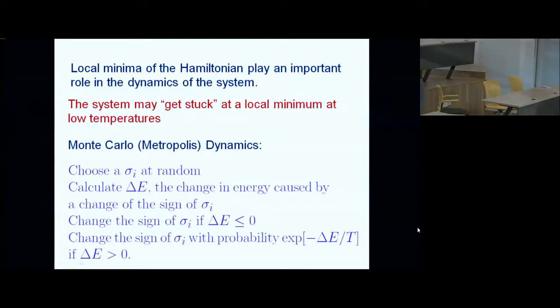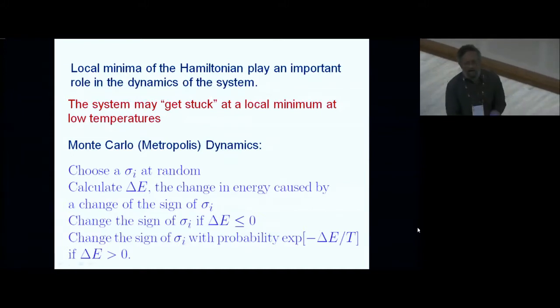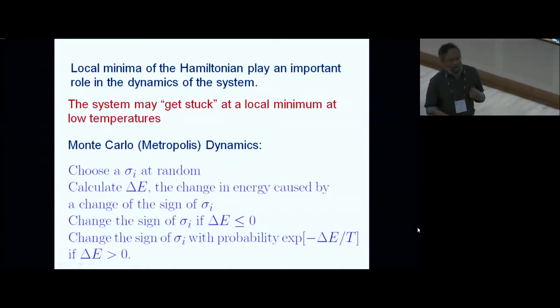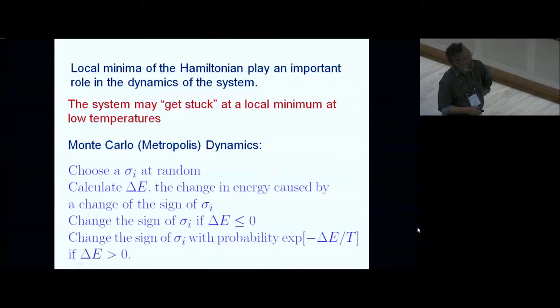So basically what one does is one spin is chosen at random. It's a candidate to flip, and whether you flip it or not, that decision is based on whether this flip is going to increase or decrease the energy. If it is decreasing the energy, then you accept the flip with probability 1. If it is going to increase the energy, then there is this probability with which you accept that move. T going to 0, of course, basically means that for any positive delta E, this probability is going to go to 0.